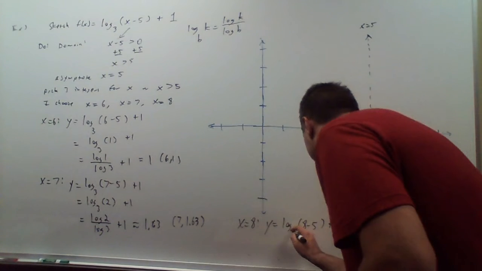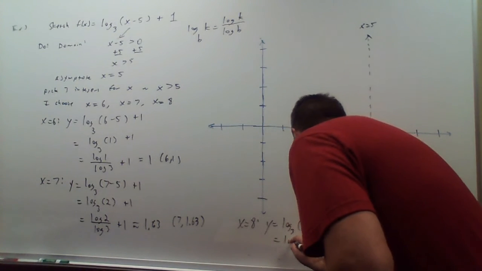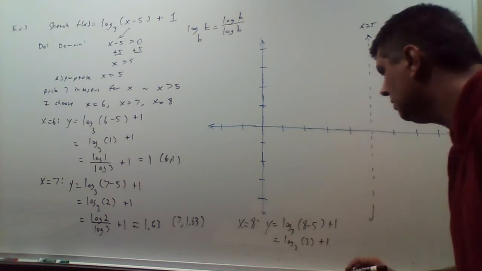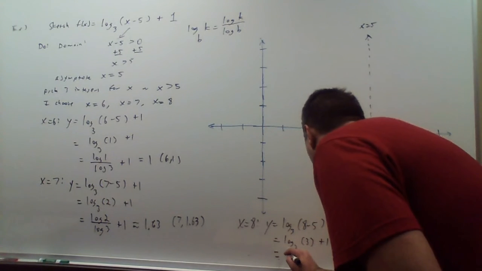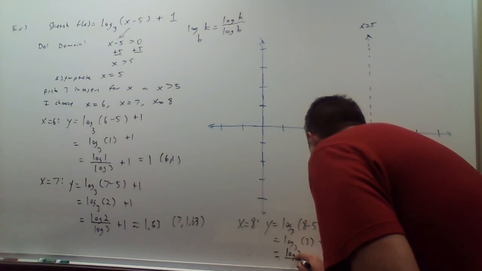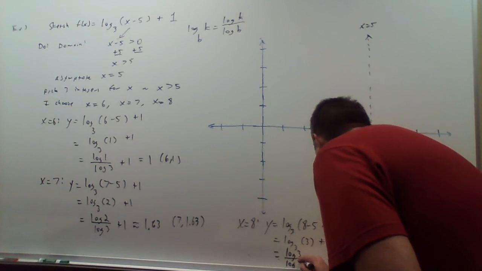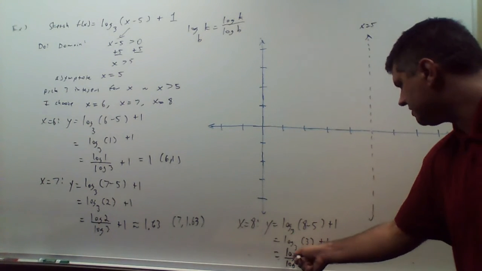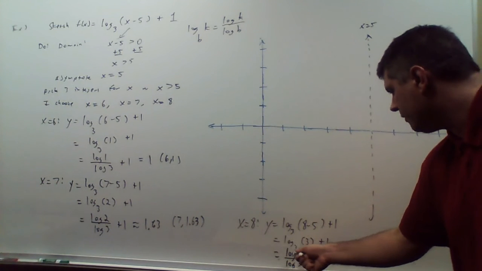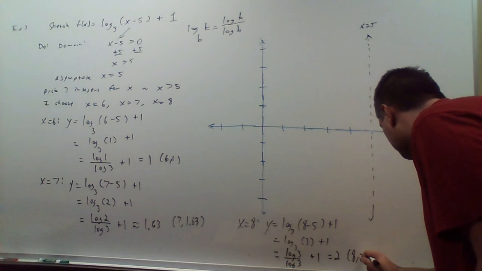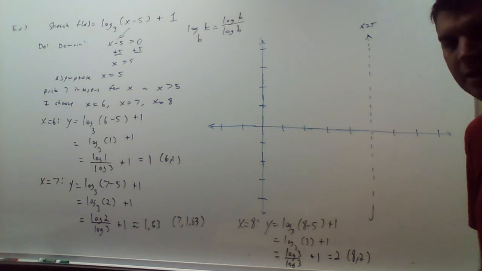That's going to be log base 3 of 3 plus 1. So, log of 3 divided by log of 3 plus 1. Well, folks, that's something divided by itself. That's 1. 1 plus 1 is 2. So we have 8, comma, 2.